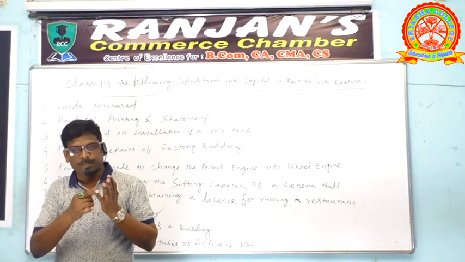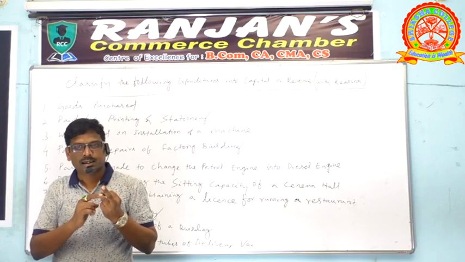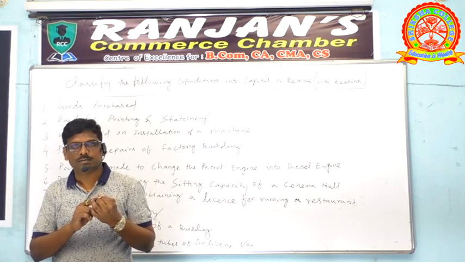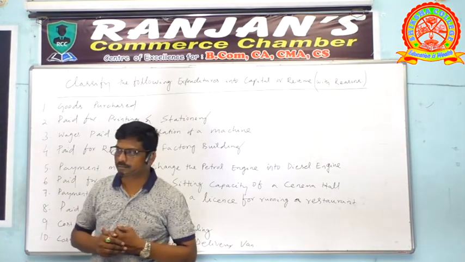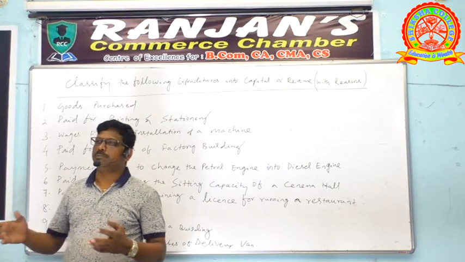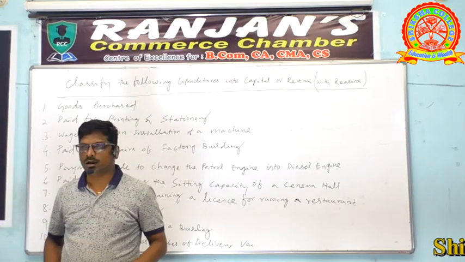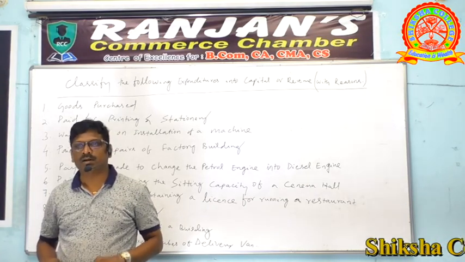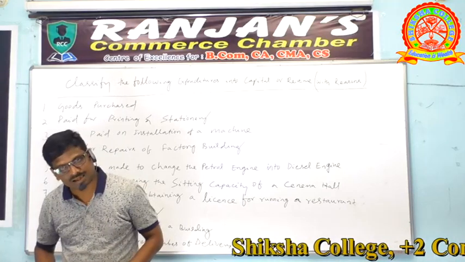Expenditure incurred for increasing life, increasing performance, increasing capacity. Sir, capacity? Maruti van, Omni. It's 5-seated. That doesn't mean it can carry only 5 passengers. It can carry 8 passengers also.